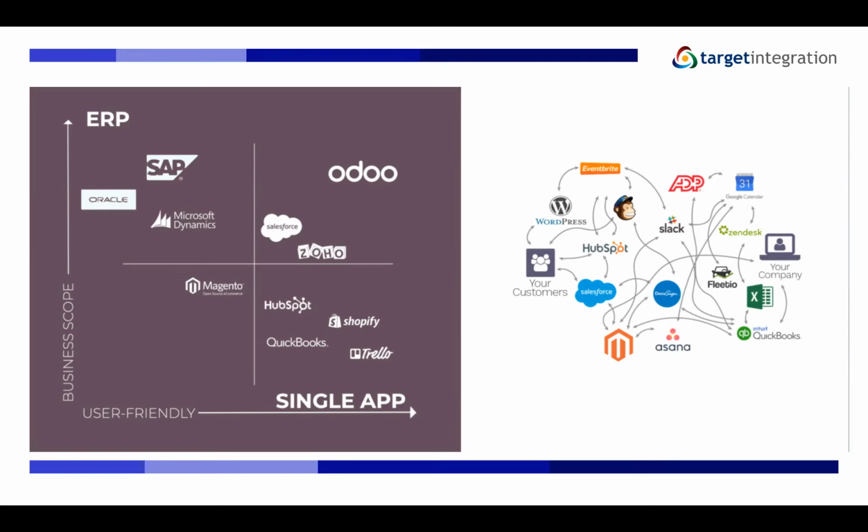It's a large business scope software solution while keeping user friendliness in mind, because it's very common that the more features get added into the software, the less user friendly and the harder to use it becomes.